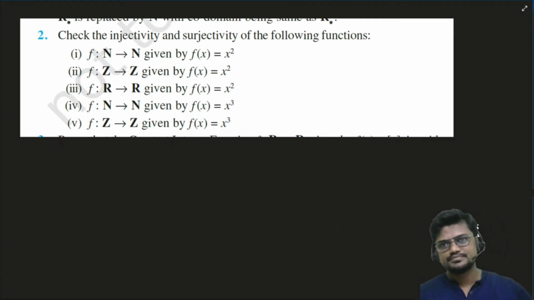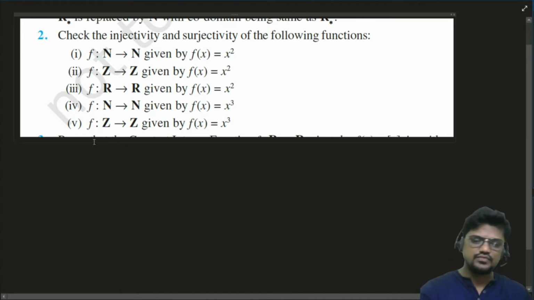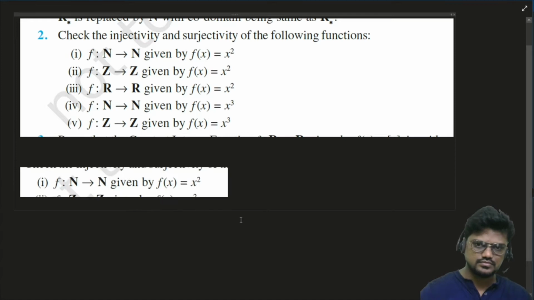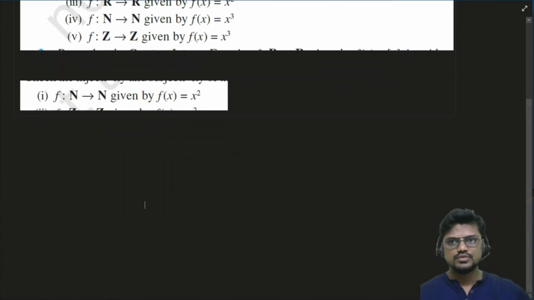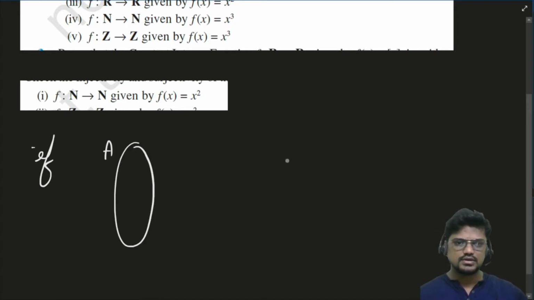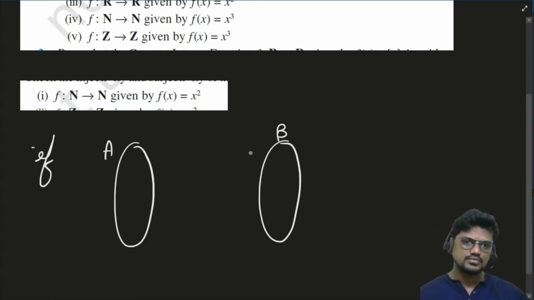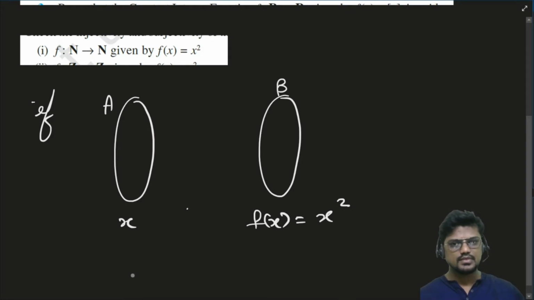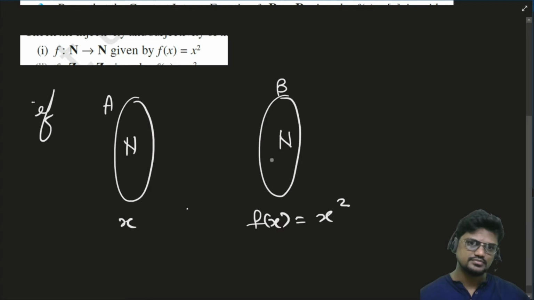Fine, let us do it. Now as per the first question which you have, if this is your set A and this is your set B, this is your domain and this is your codomain, and over here this is x and this is f of x equals x square, and this is a natural number and this is also a natural number.